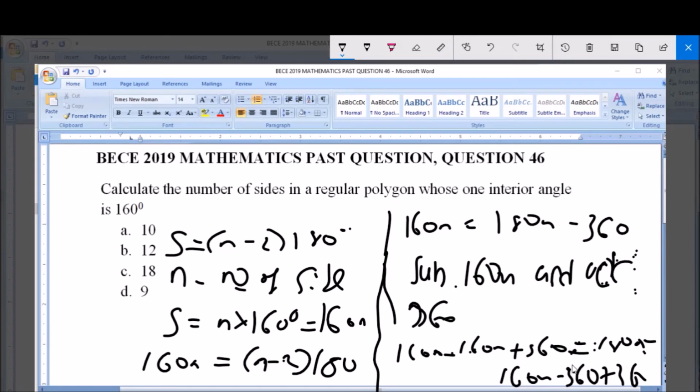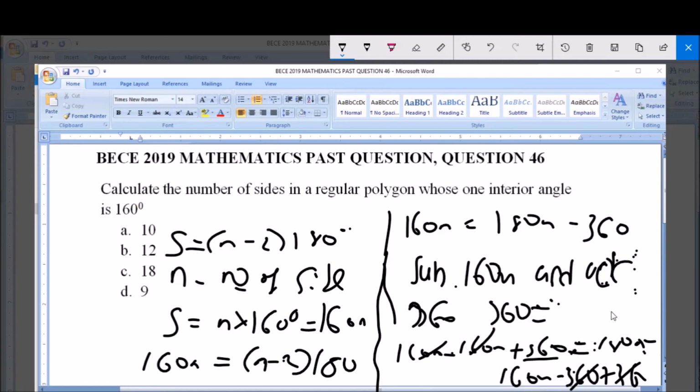Now since we have 160 minus 160 here, we cancel this. So here we have 360, and here we have minus 360 plus 360, which we cancel. And so from here we'll have that 360 is equal to 180n minus 160n.